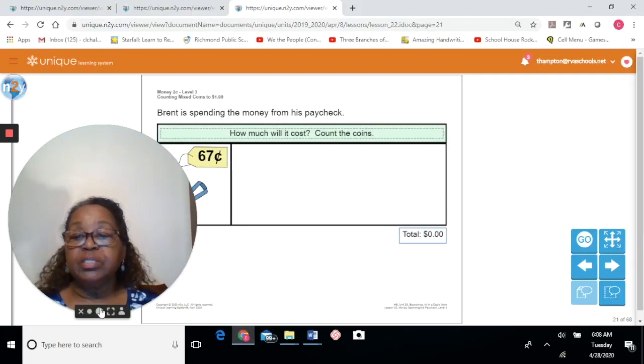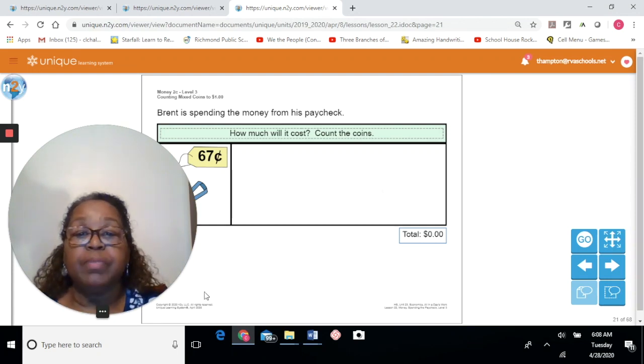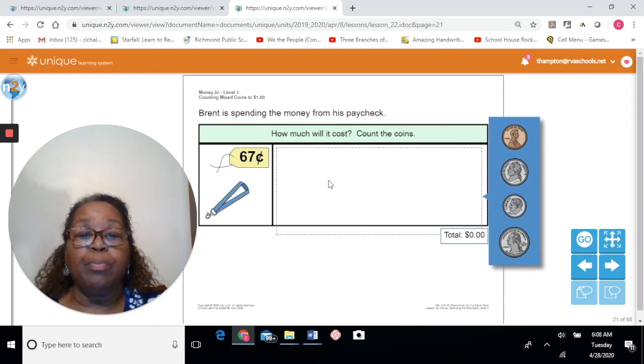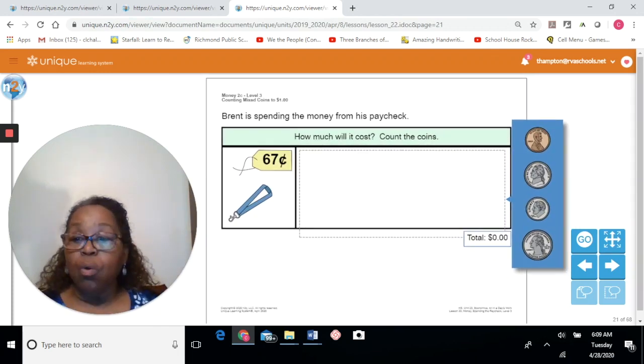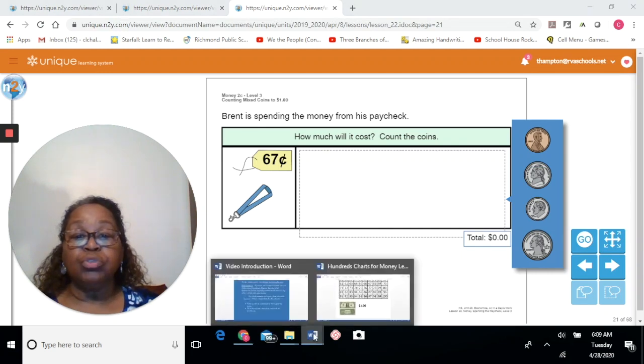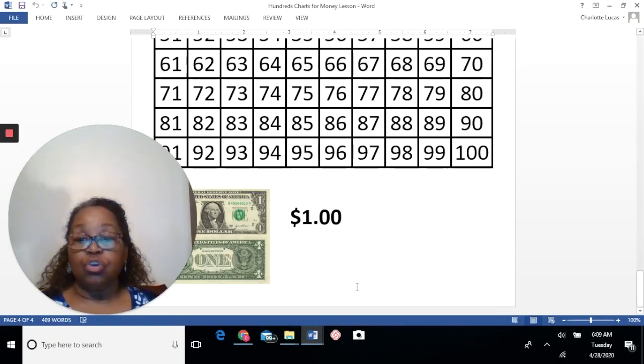So we're going to be solving word problems, and we will be using coins and dollar bills. Now, when we are using dollar bills, I like to use a hundreds chart.